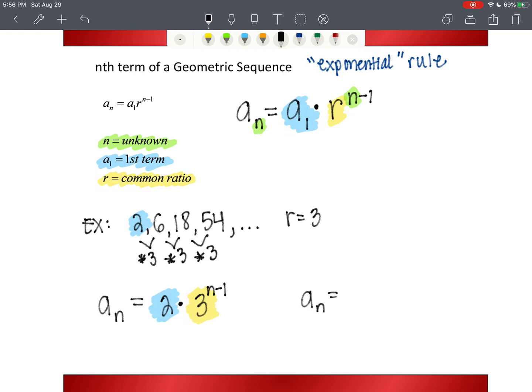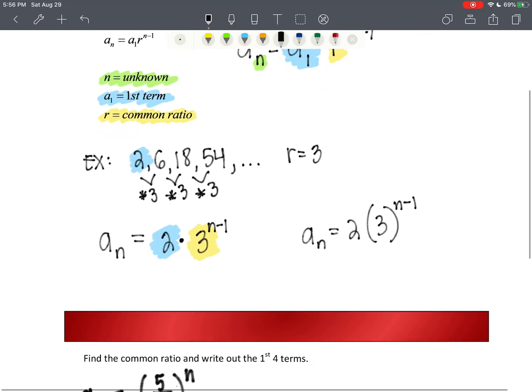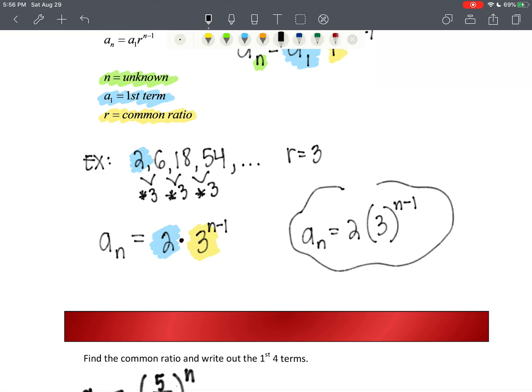Sometimes I will write this 2, and then I'll put in parentheses the common ratio, and then n minus 1 on the outside of those parentheses to show that the n minus 1 only goes with the 3. It also discourages me from trying to multiply 2 times 3 first. This right here is your formula.